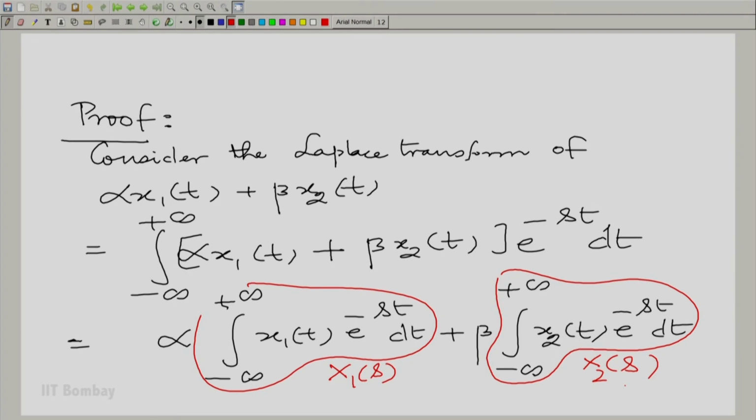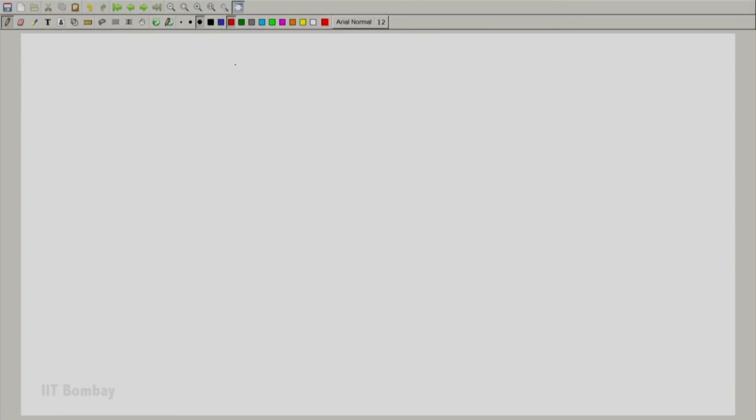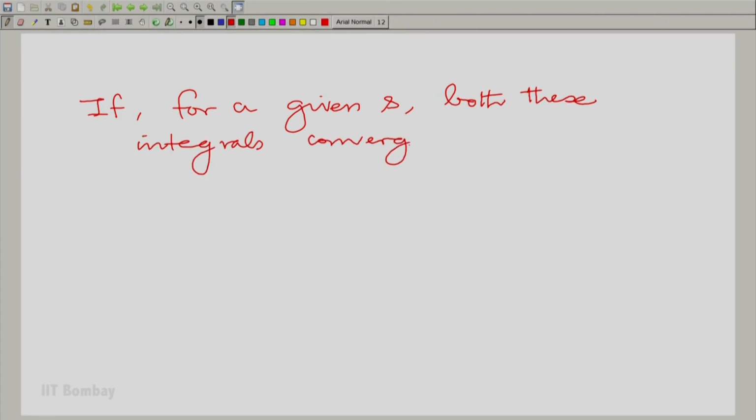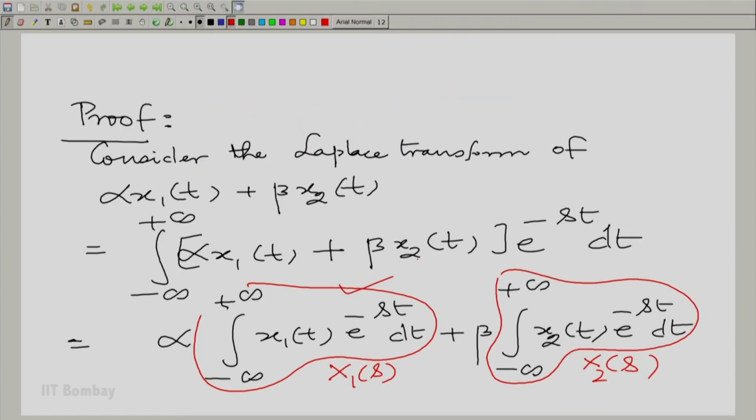Now, the only issue is to talk about its region of convergence. So, all that we can say, as we can see from this sum here, is that if for a given s, both these integrals converge. Which integrals are we talking about? These two integrals here, this one and this one.